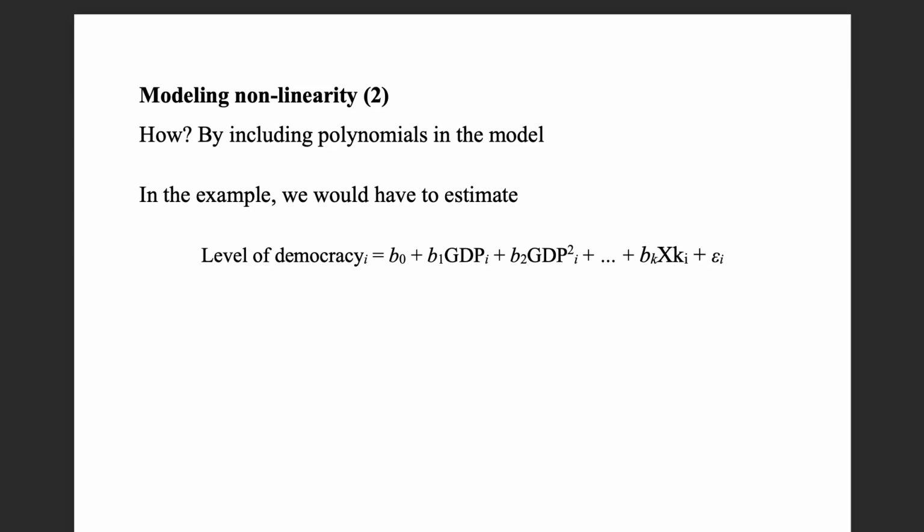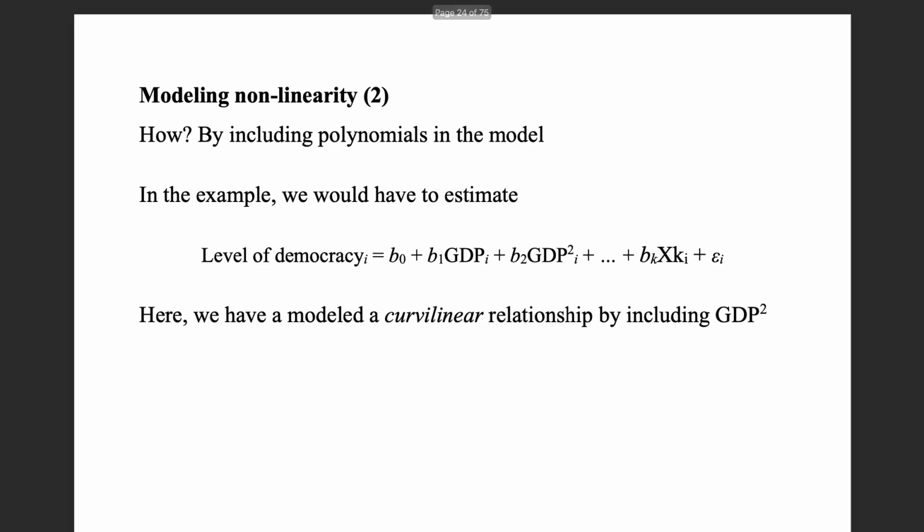So GDP times GDP for each country that we observe. Then we have a new variable, GDP squared, in our data set, and we include that as another X variable in our model.